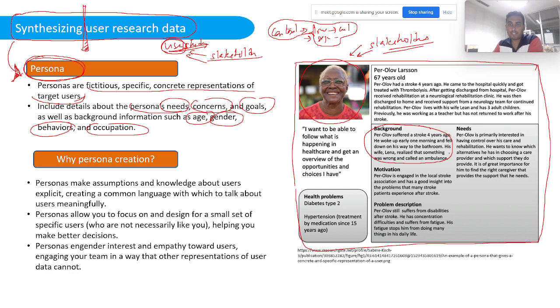Then their motivation, and the problems they face in general. If you have stakeholders who have different problems, generally we create different personas. For example, if you do a contextual inquiry in a clinical scenario, you may have doctors as a separate stakeholder, and patients as a separate stakeholder.